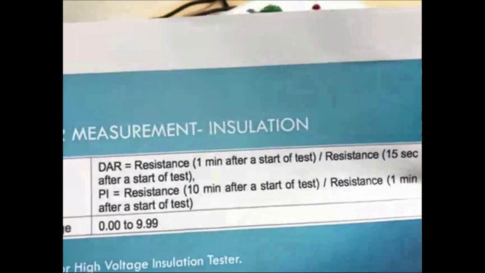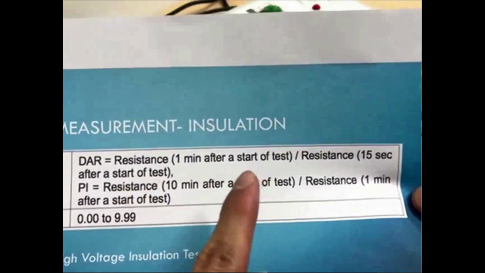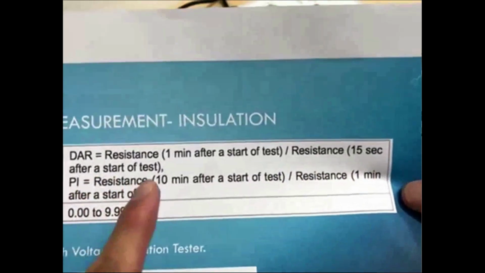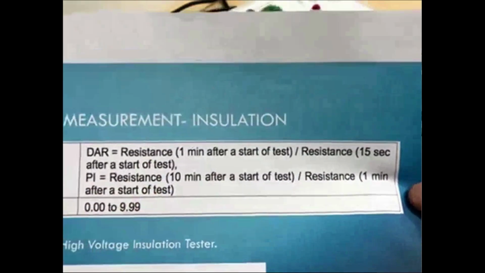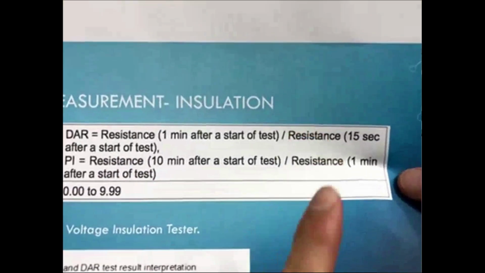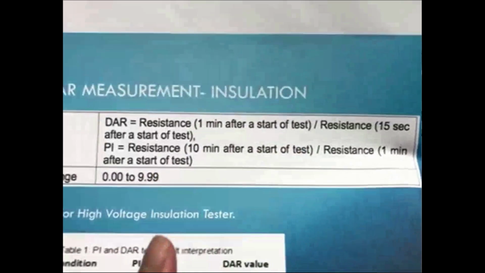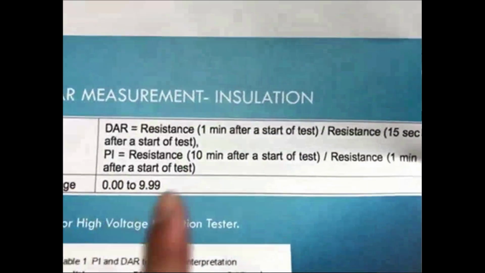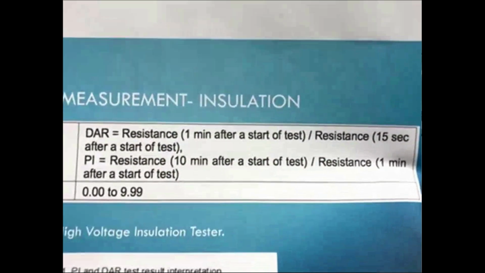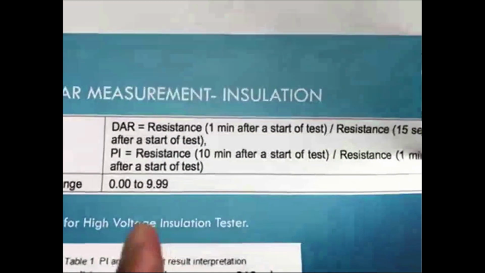DAR is the resistance 1 minute after start of test, over the resistance 15 seconds after start of test. PI is the resistance 10 minutes after start of test, over the resistance 1 minute after start of test. Because this is a ratio, it will not have ohm here. So the display range is 0.00 to 9.99.